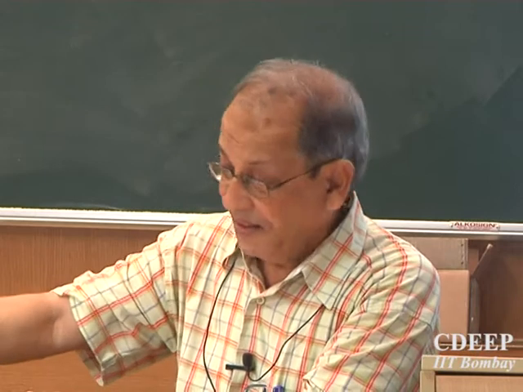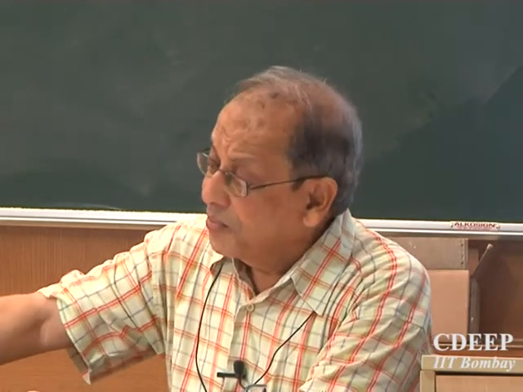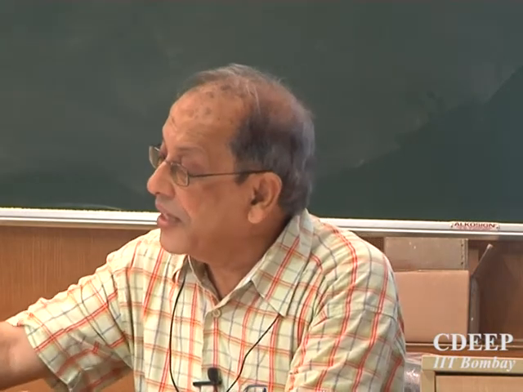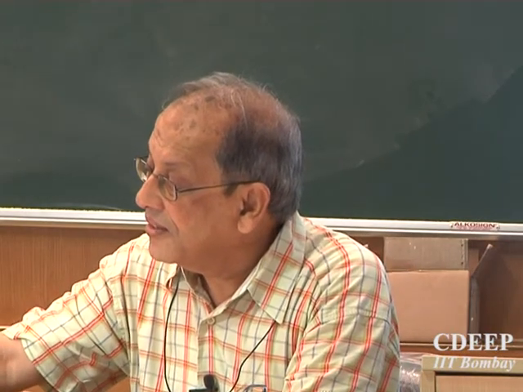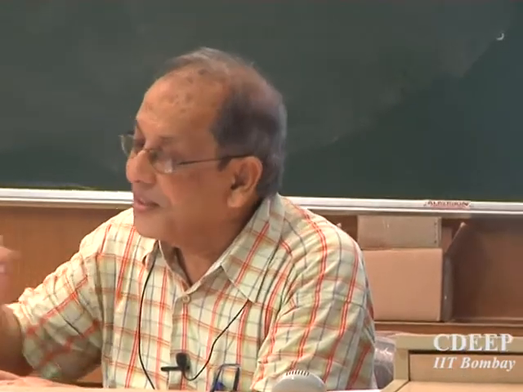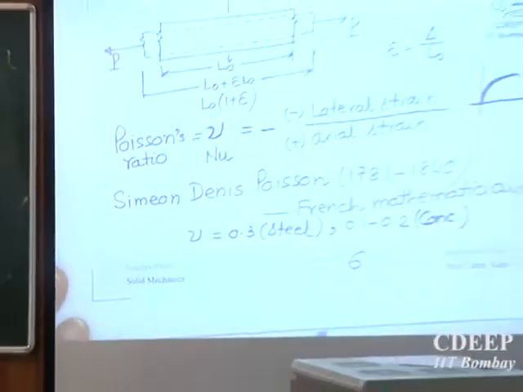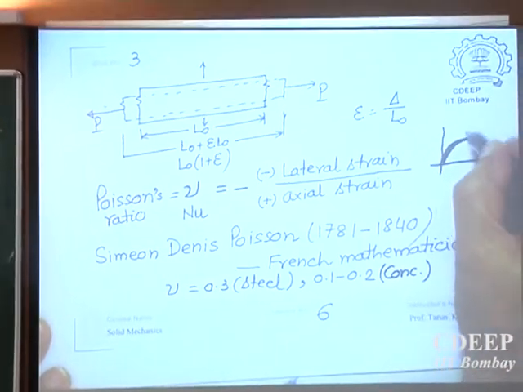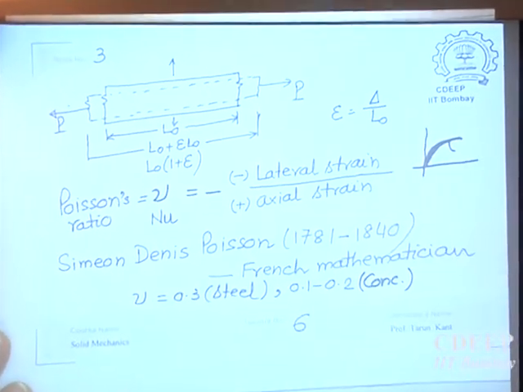Even concrete is non-linear, but rubber is a non-linear diagram like this. Same thing as concrete, it is a non-linear curve. Linear portion is not there.